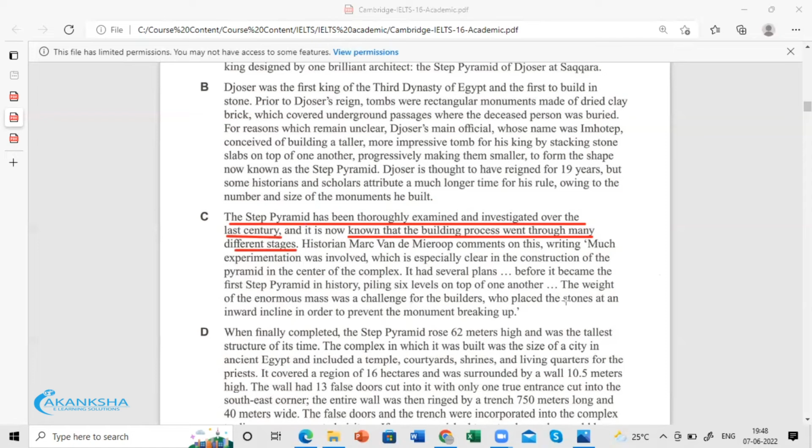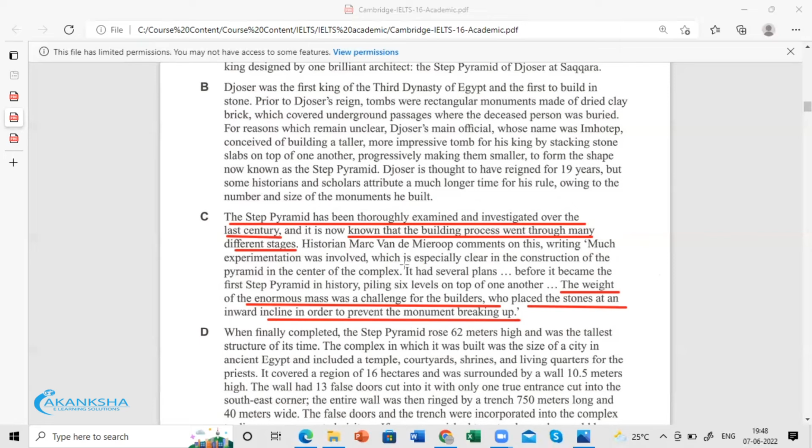And the last sentence says that the weight of the enormous mass was a challenge for the builders who placed the stones at an inward incline in order to prevent the monument breaking up. So you observe the language that is used here.